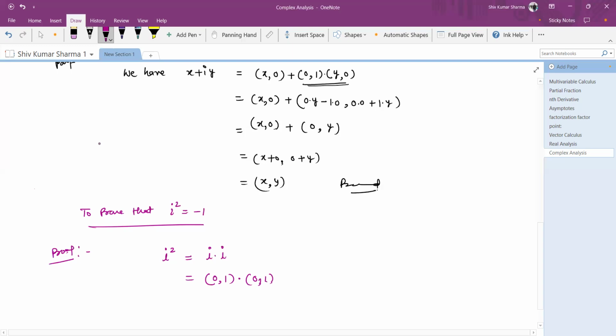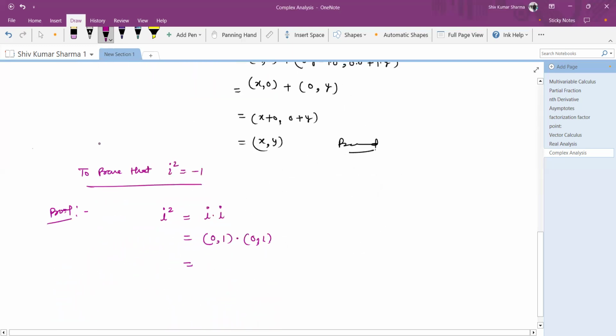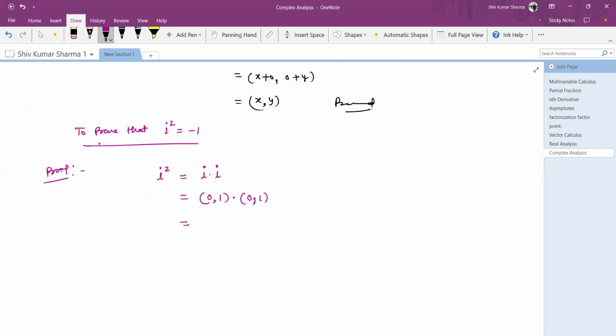Okay. So now, when we do the product of two ordered pairs, similarly we do x1 into x2. So x1 x2, so 0 into 0 minus y1 y2, 1 into 1 comma x1 y2, so 0 into 1 plus x2 y1, so 1 into 0.